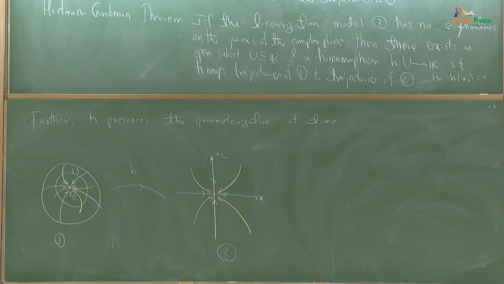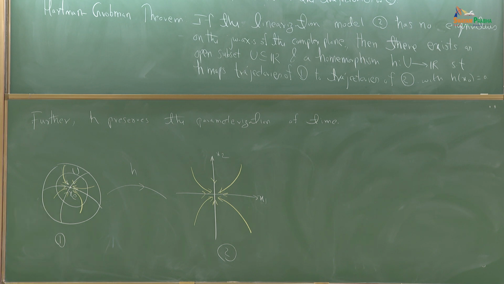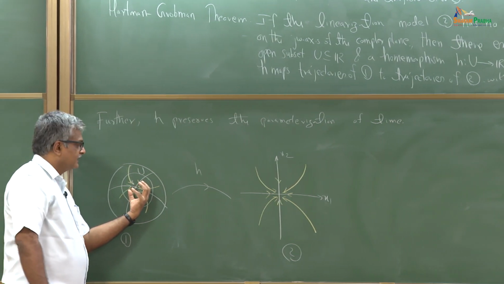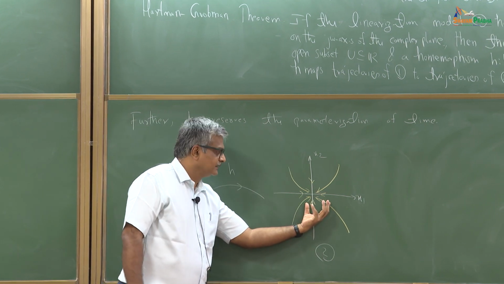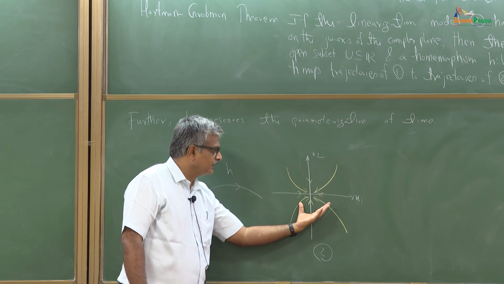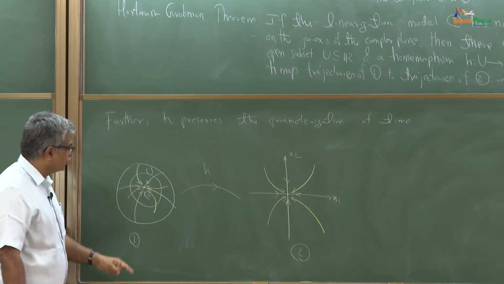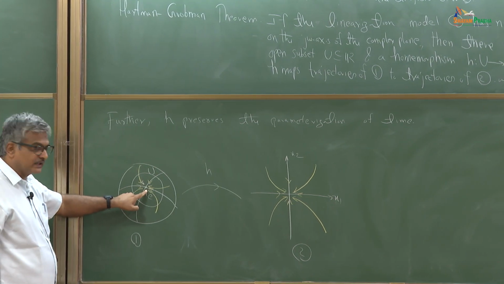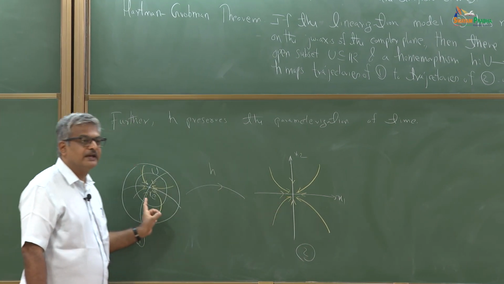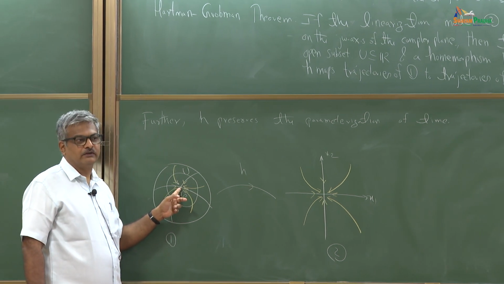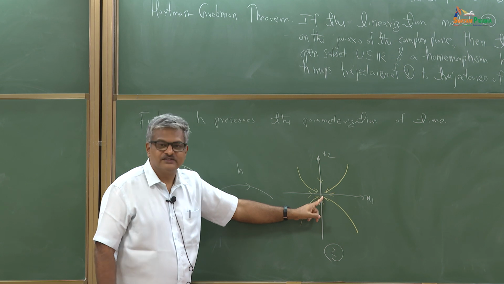And so the homeomorphism maps the trajectories of 1 to trajectories of 2. That means these trajectories, when you look at the linearized system, are straightened out. But the most important thing is the nature of the trajectories remains the same. All the trajectories here are going to the equilibrium point, and the same behavior is preserved here.